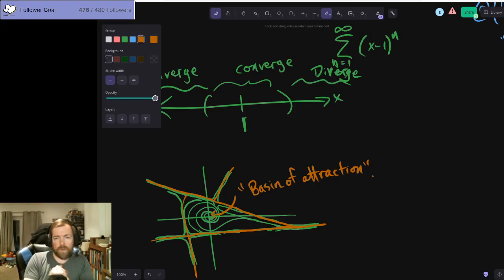We can either approximate them by finding our linearized system, or we can do our best to figure out what's going on with the main system, the unaltered system.